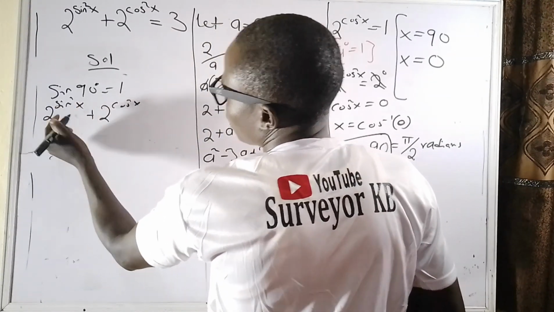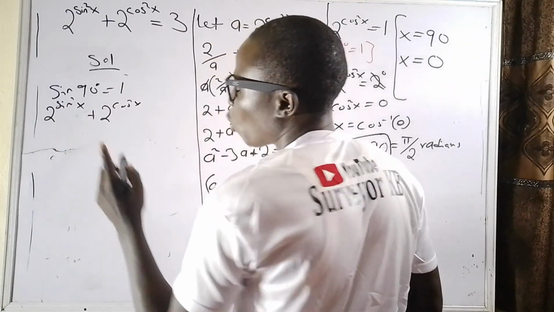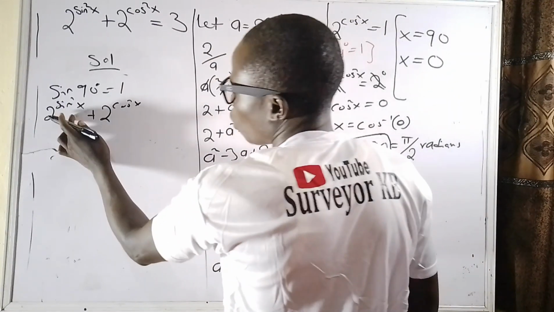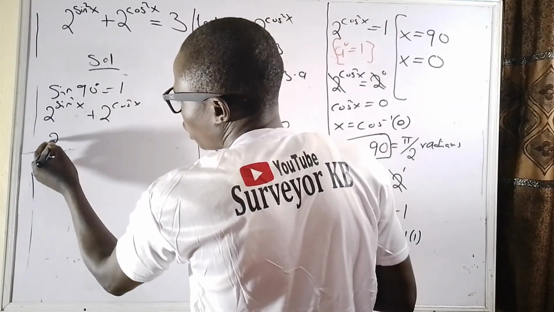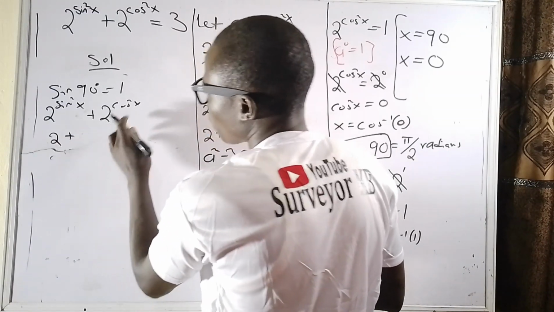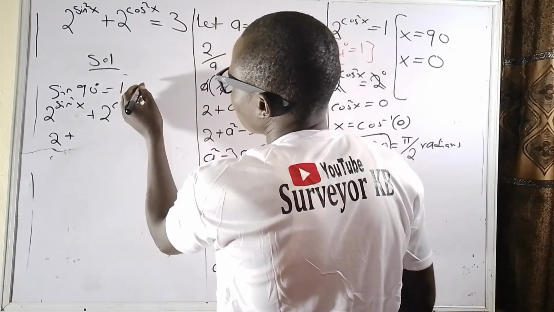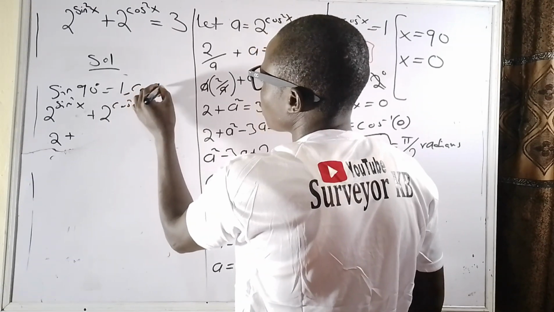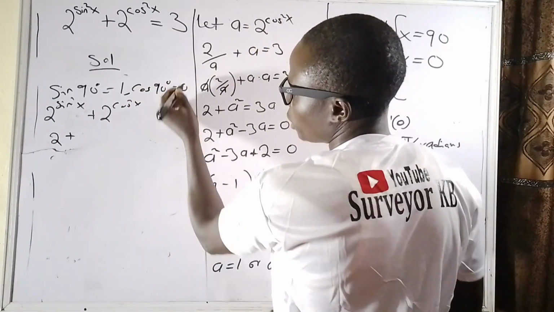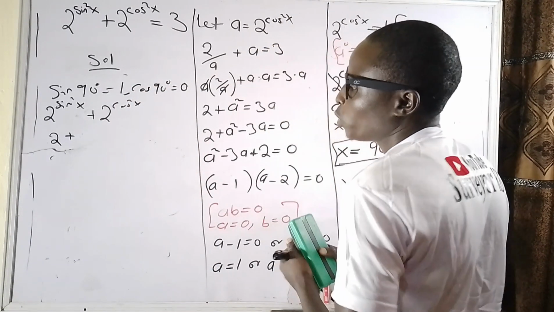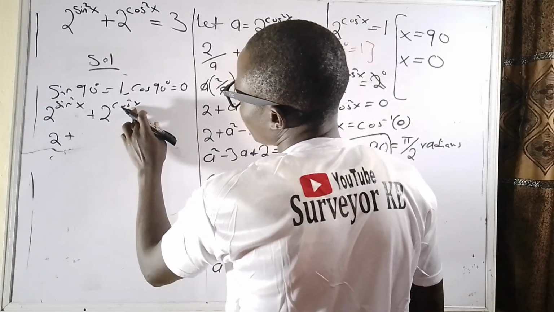Sine square x, sine 90 degrees is 1. So 1 squared is still 1, then 2 raised to power 1 is 2. Plus cos 90 degrees. Cos 90 degrees is equal to 0. When you use a calculator, you will know that cos 90 degrees is 0.